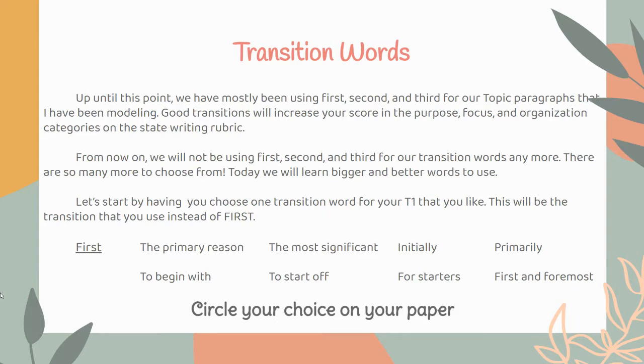We can see that instead of first, we could write the primary reason, the most significant, initially, primarily, to begin with, to start off, for starters, first and foremost, or you might have another one in mind that's not listed here. Go ahead and circle your choice on your paper or write one of your own.